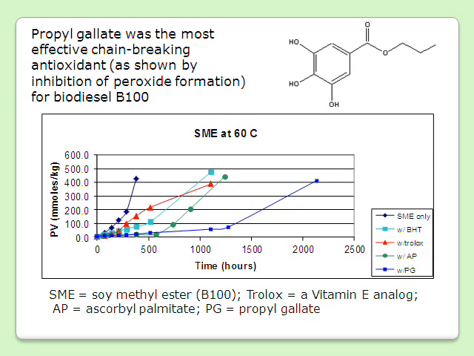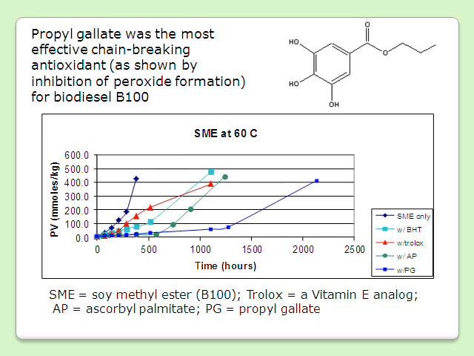The dark blue line is what happens when you heat the B100 by itself at 60 degrees. And within a couple of hundred hours, the peroxide formation goes from basically 0 to over 400 millimoles per kilo. It's pretty highly oxidized. So the chain-breaking antioxidants act by quenching the peroxyl radicals that are formed.